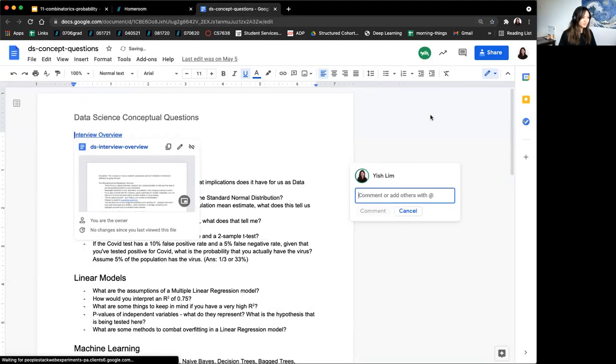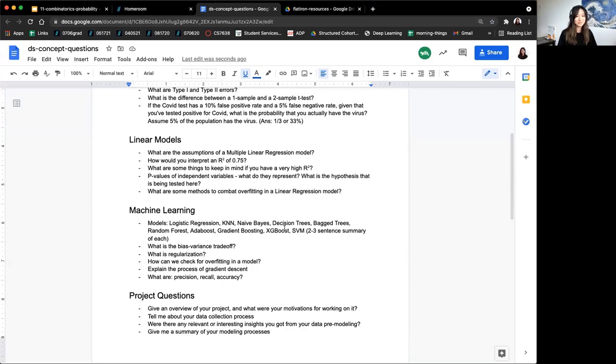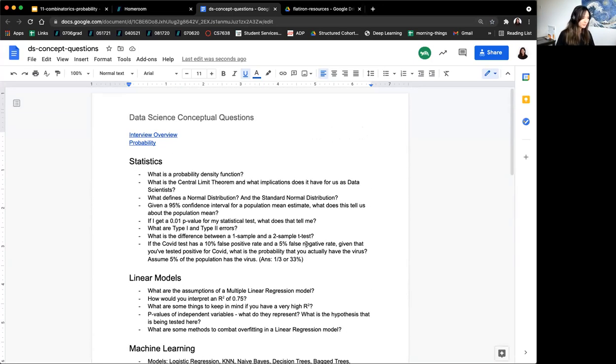If you want to find this in the Google Drive, it's actually under phase 5 because it encompasses a lot more stuff. So if you're excited and want to see what's coming up, you can do that. But within statistics, these are the main things that you want to take away from the first topics within phase 2. There's a lot in those topics, but these are the main things that I've come across.